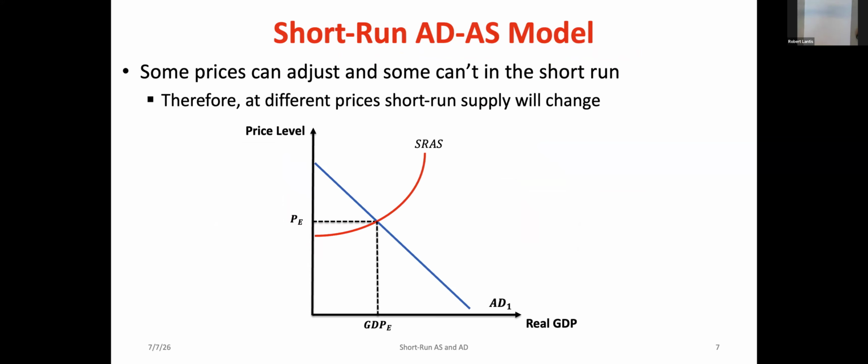Now, if you wanted to, you really could draw this as just having the same slope. Although, if we were to extend this a little bit further, and this won't really change what we're going to look at in this class, but if we think about the response in the short run, and how much we're producing, the level of output, real GDP, when prices are relatively low, changes in real GDP are going to be pretty responsive.